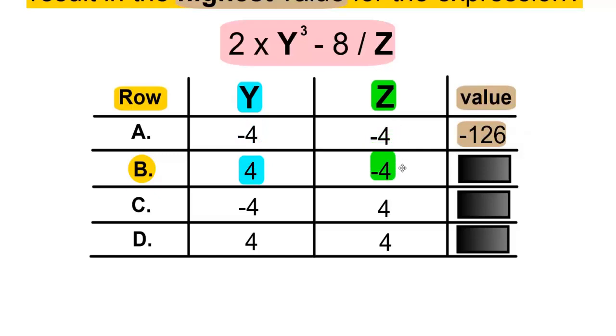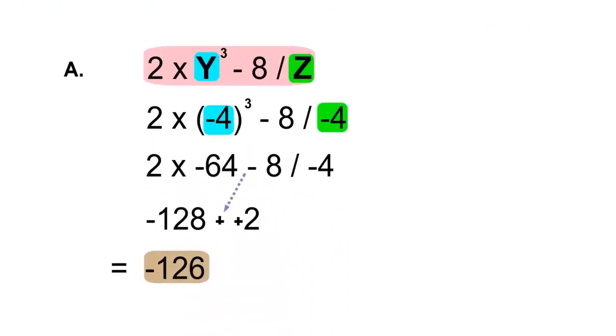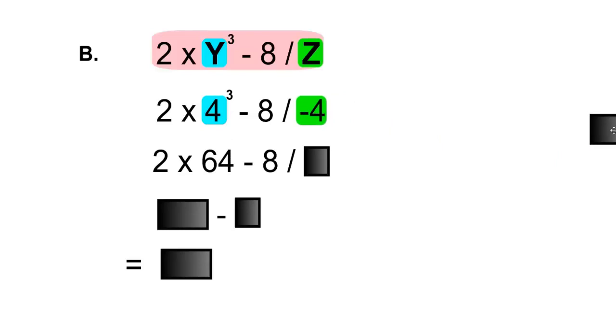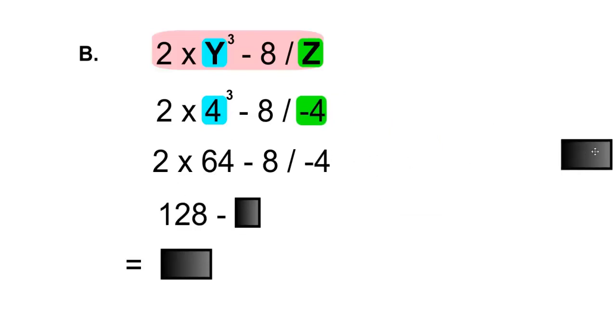Next, in row B, y will be 4 and z will be negative 4. So using the expression, we'll replace y with 4 and z with negative 4. 4 to the power of 3 is 64. 2 times 64 is 128.